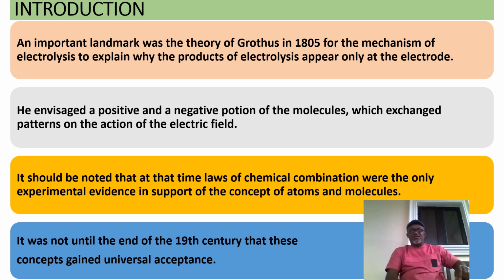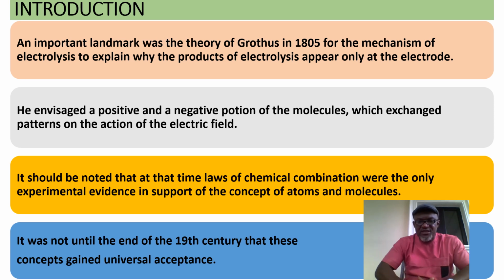You see how this thing is coming out gradually, positive and negative, when we start talking about cations and anions. But at this stage, nobody knew what was positive or the name of the positive and negative. Grotthuss was only envisaging that there must be a negative portion and a positive portion of the molecules, which now exchange partners on the action of the electric field.